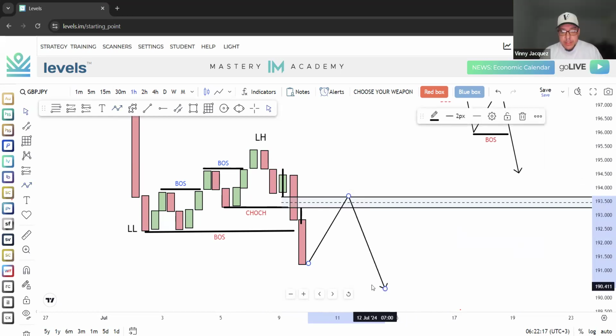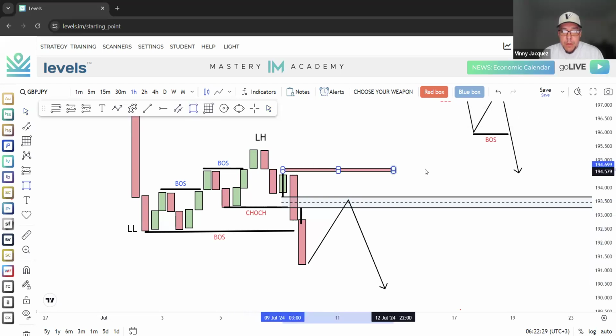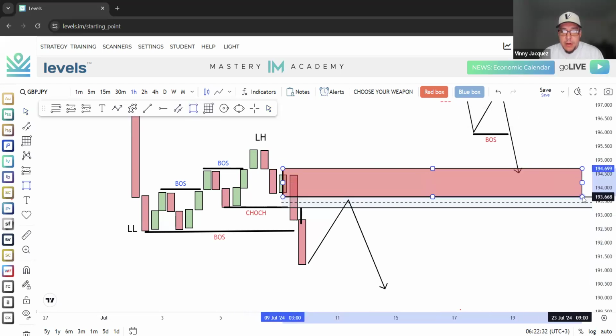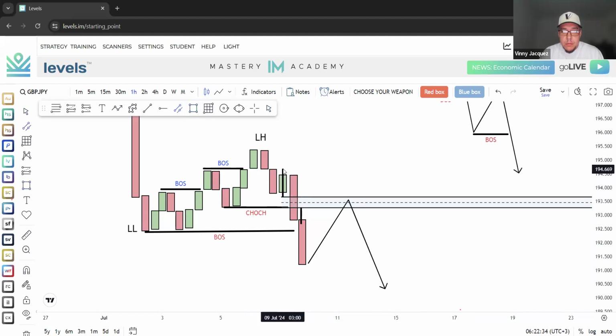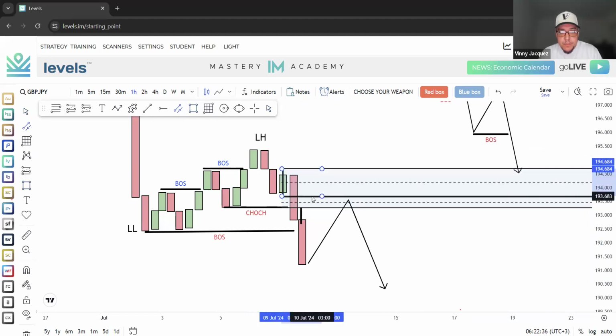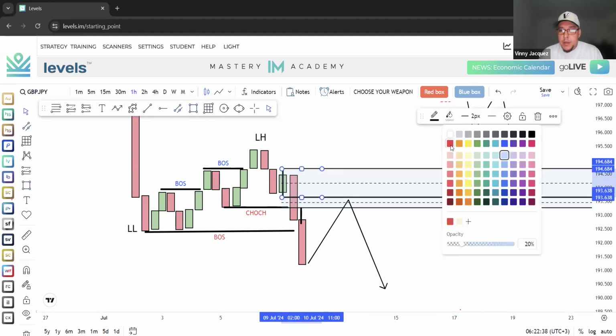Okay, cool. So this is where levels and harmonics go hand in hand, right? Smart money wants this imbalance to sell, and for levels, we would rather it come up to this last buying candle here. And that would be my sell opportunity, right?